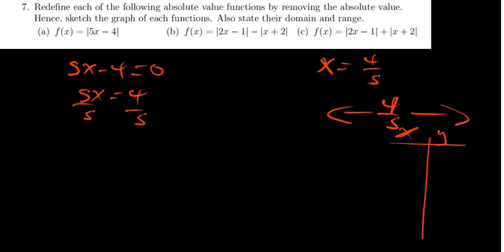I can put negative 2, negative 1, even 0. Then I know that 4 over 5 is approximately 0 point something, so I can put 4 over 5 itself. Then to the right side, I'm going to choose 1 and 2. Is that okay?